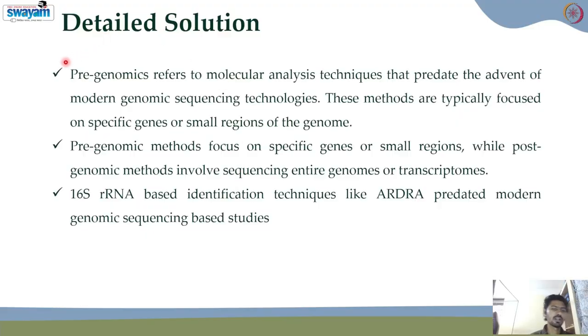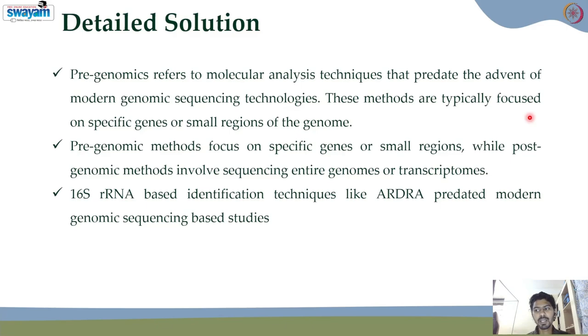Why is it so? First, pre-genomics refers to the molecular analysis techniques that predate the advent of modern genomic sequencing technology. That is, before the modern genomic sequencing technology, we call all those technologies pre-genomics.